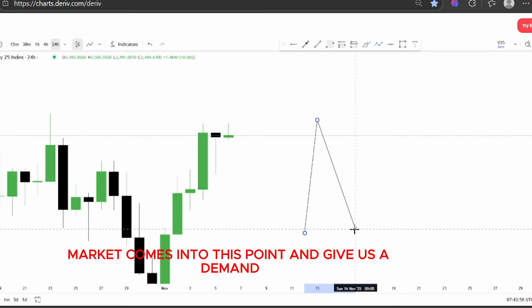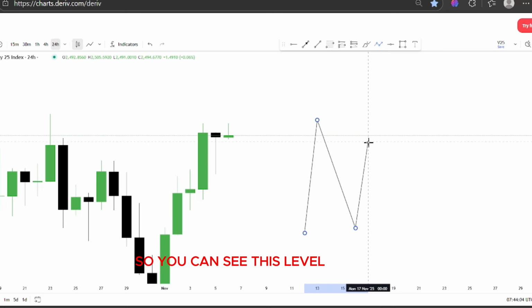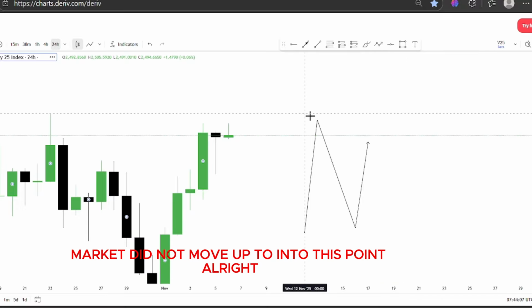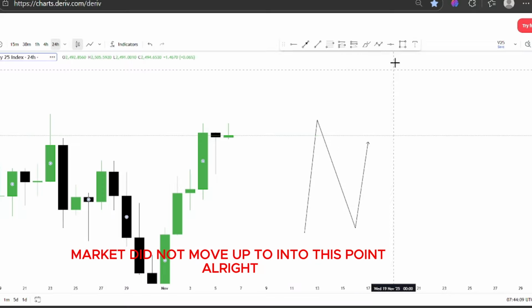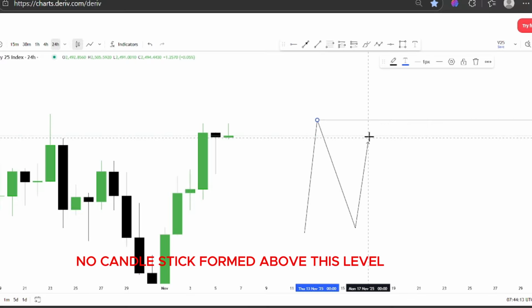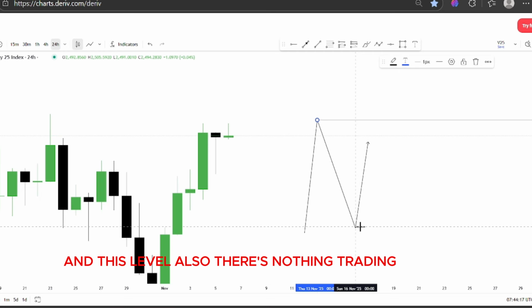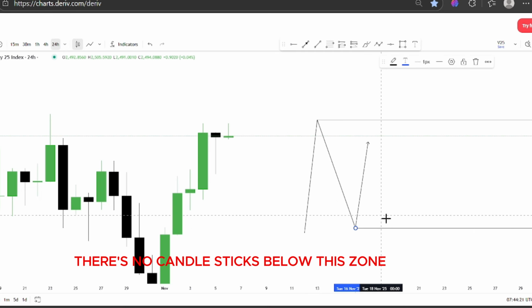The market comes to this point and gives us a demand, a supply here and a demand right here. You can see this level, the market did not move up into this point. The market did not buy to this level. No candlestick formed above this level, not even the wick. And this level also, there are no candlesticks below this zone.